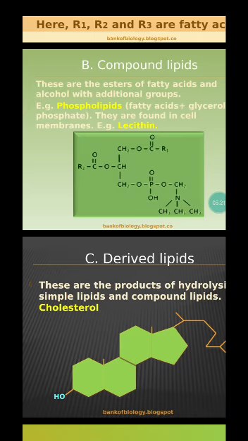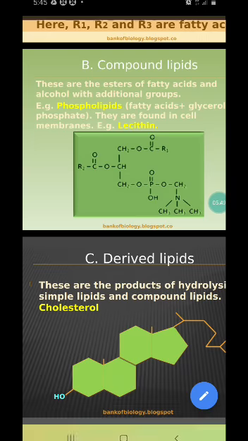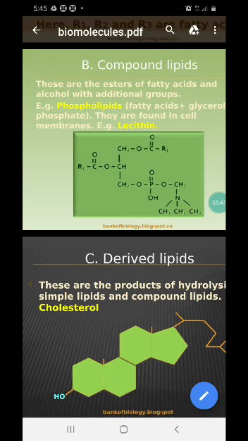Example, phospholipids. Where do you find phospholipids? Have you heard of phospholipids? Yes, they are seen in the cell membrane, in human or living systems. Example is lecithin. This is the structure of lecithin given.